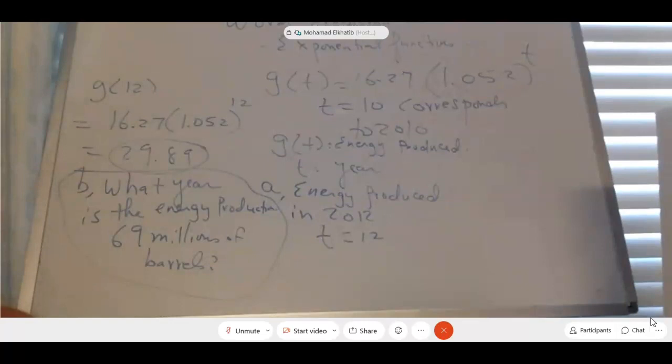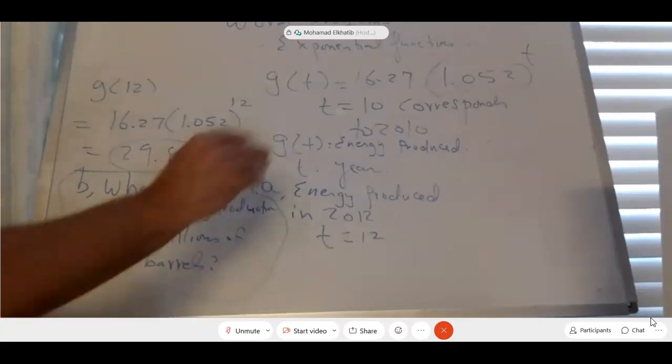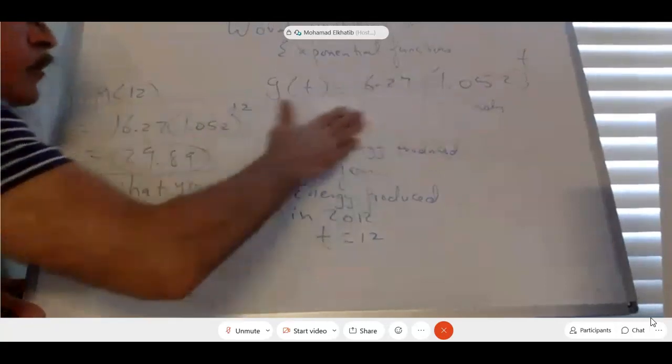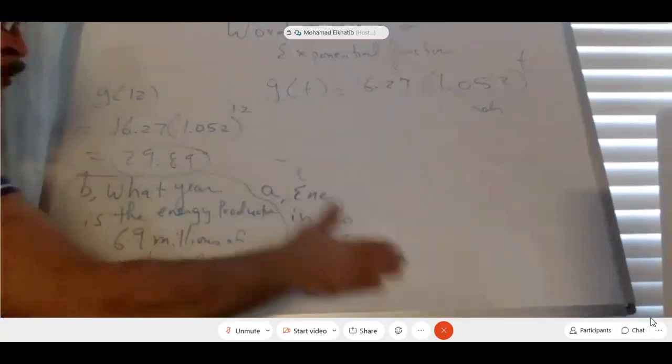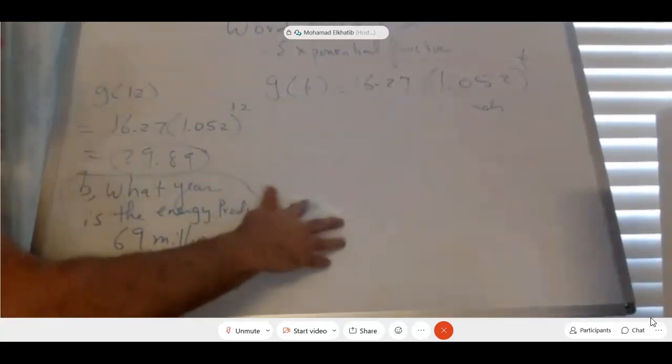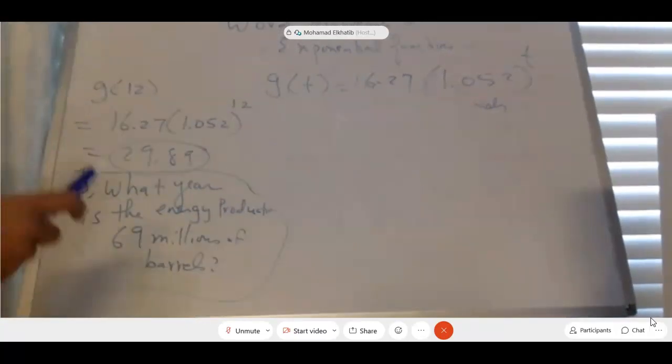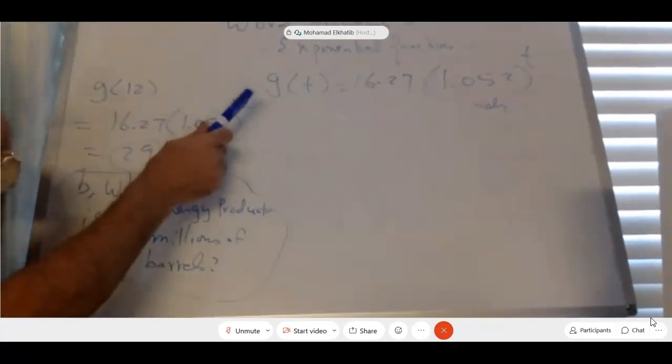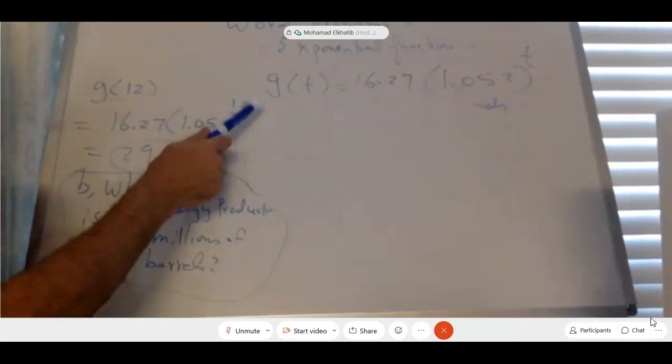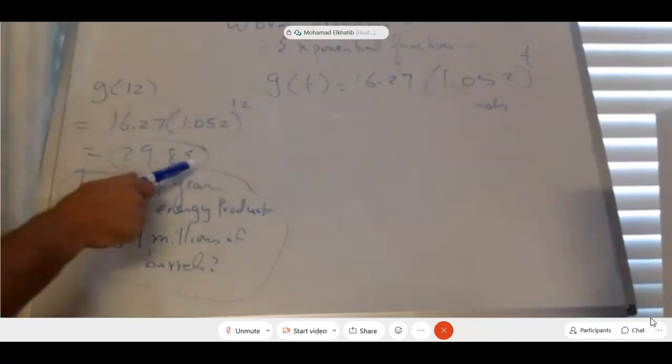Okay. So let me show you how you're gonna do this one. Here we're finding the number of years for 69 millions of gallons. So what would you do in this case? Okay. So what you do is you gotta do lots of work. So you gotta make a table first. We already know when the year is 2012, or T is 12, it's 29.89.